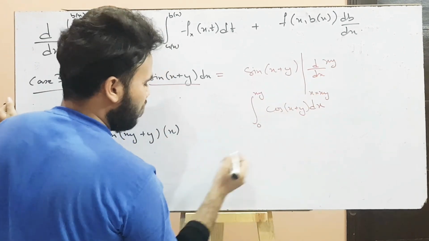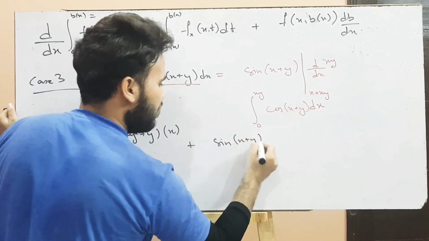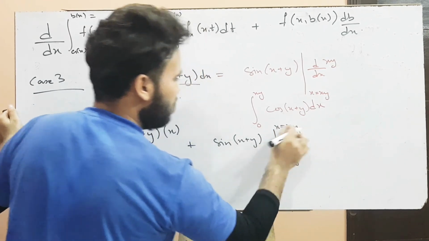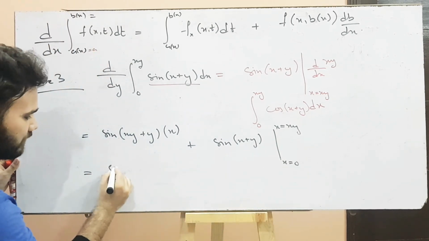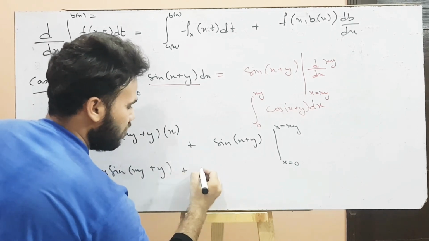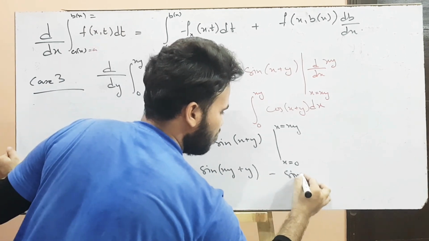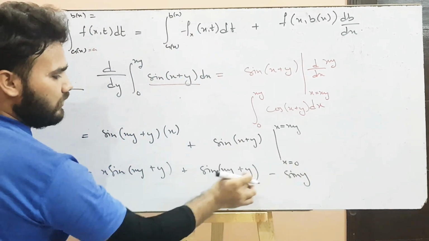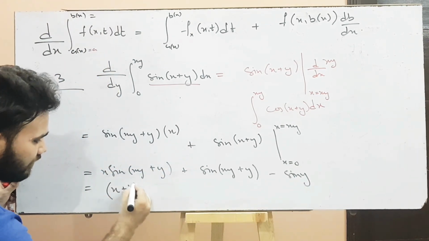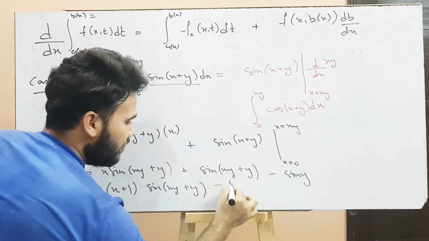Now the integral of cosine is sin(x + y), evaluated from x equals 0 to x equals y. Then this can be written as sin(xy + y) times x plus sin(xy + y) minus sin y, because at 0 this will be sin y. The simplification gives us the result (x + 1) sin(xy + y) minus sin y.